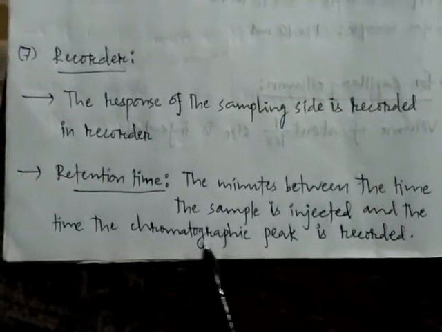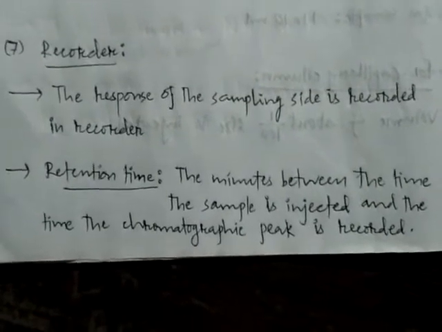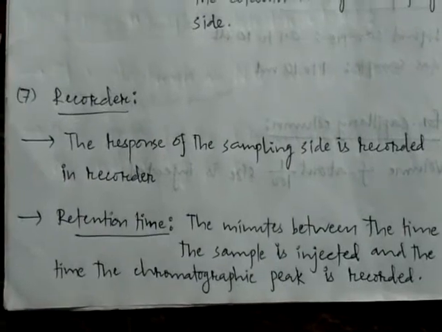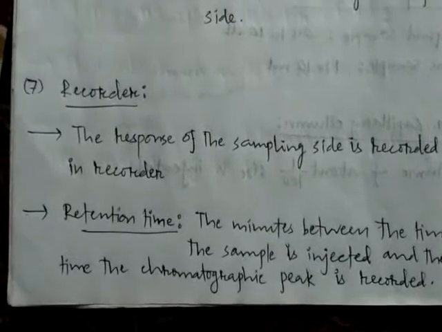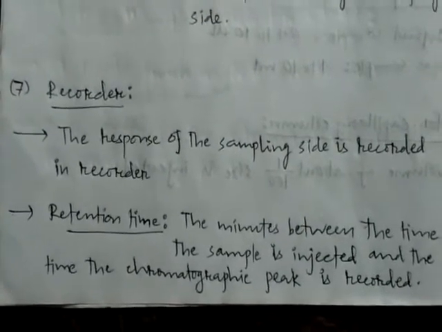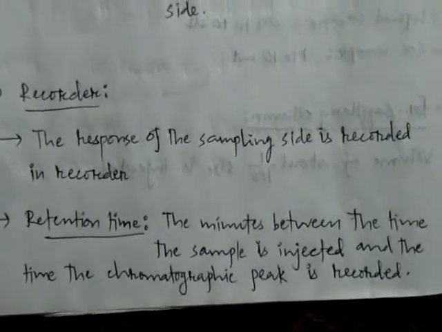Retention time is defined as the minutes between the time the sample is injected and the time the chromatographic peak is recorded. By measuring retention time and comparing this time with that of a standard of the pure substance, it may be possible to identify the peaks. Since the peaks are automatically recorded, the entire analysis time is amazingly short for complex samples also. And this explains the popularity of gas chromatography.